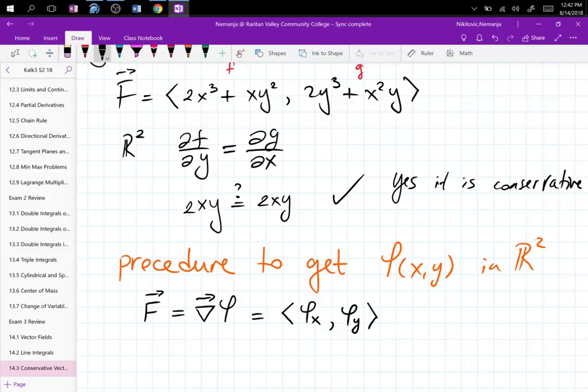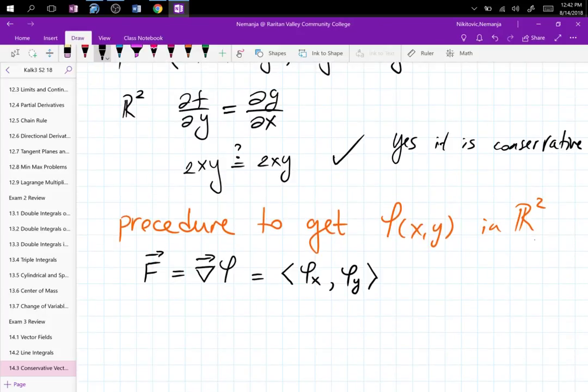That's what we have. So our vector field is the vector of partial derivatives. So the vector field is given as f comma g, and these over here are the partial derivative in respect to x and the partial derivative in respect to y.